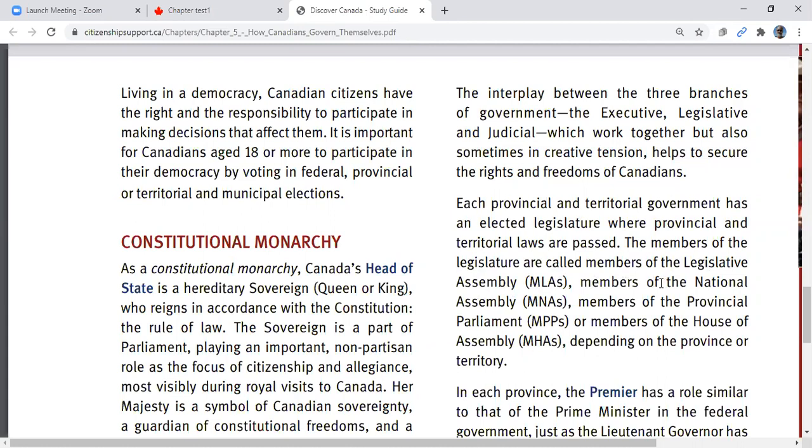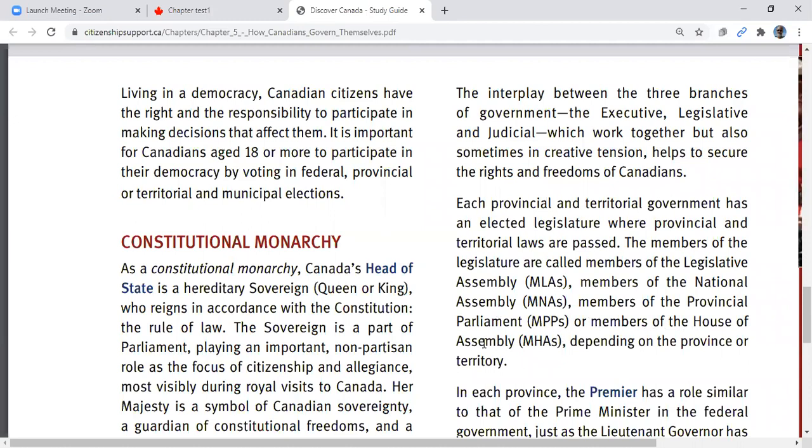Members of the National Assembly, MNAs, so it's N for National, A for Assembly, member National Assembly. And then this one is members of provincial parliament. So members is the M, provincial is the P, parliament is the P. And the last one is members of the House of Assembly.